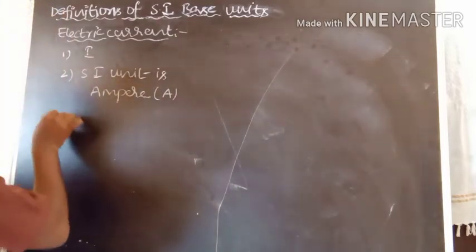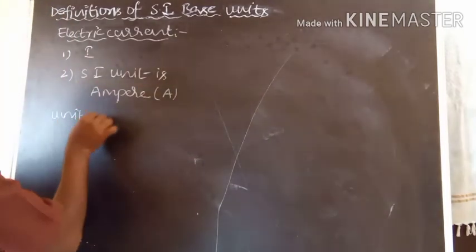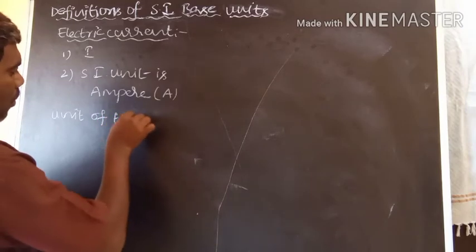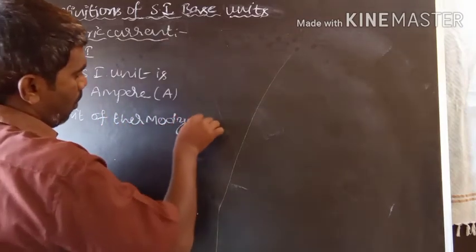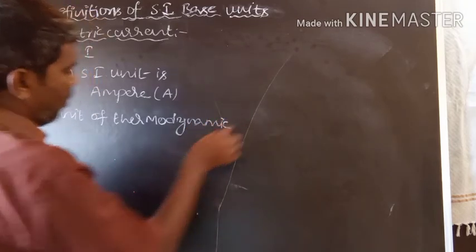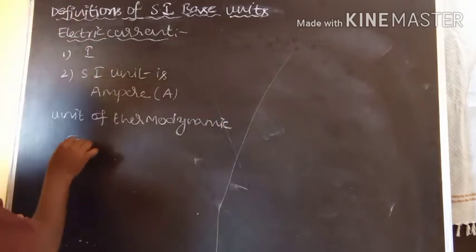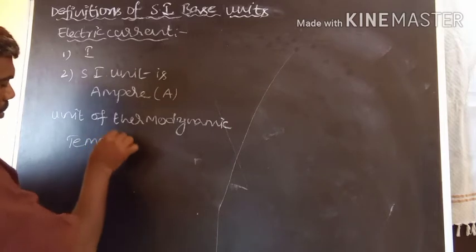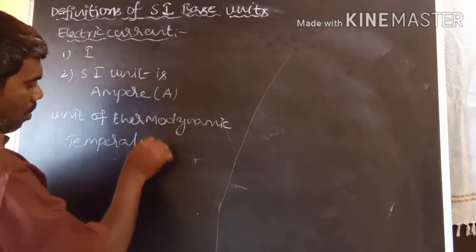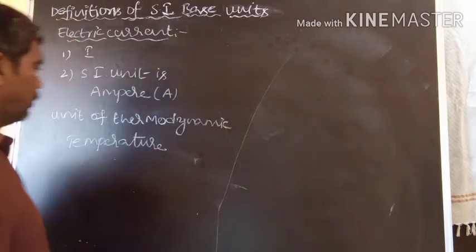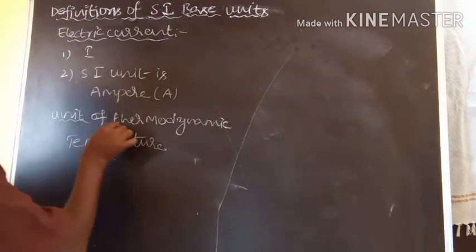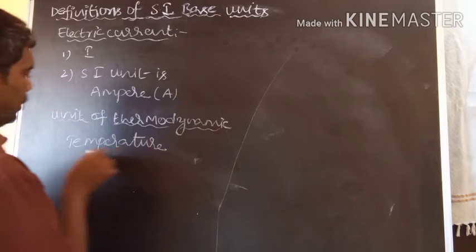Next, after electric current, the other quantity is thermodynamic temperature. First of all, what is the symbol of thermodynamic temperature?